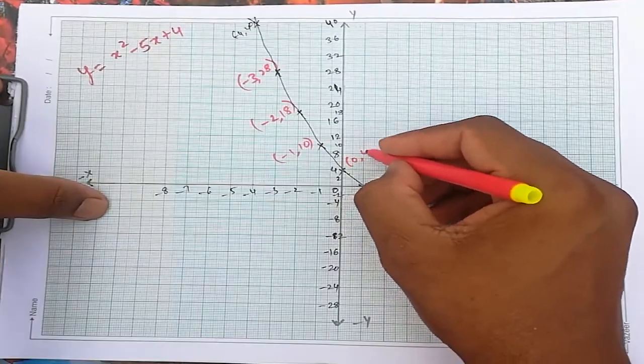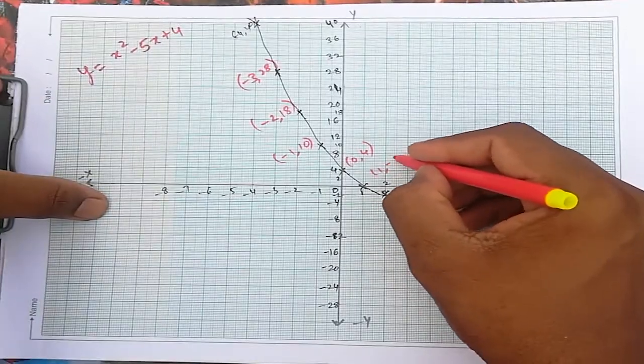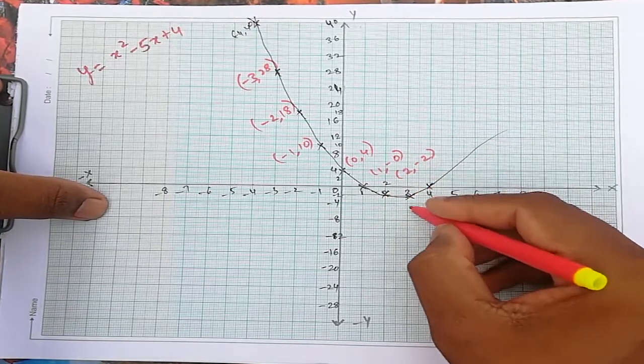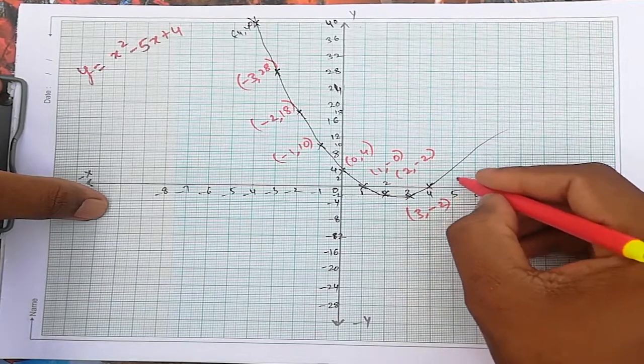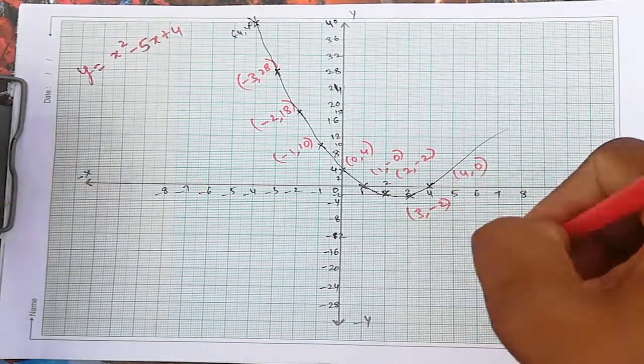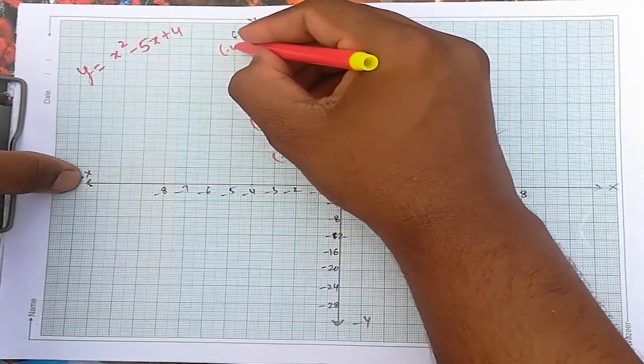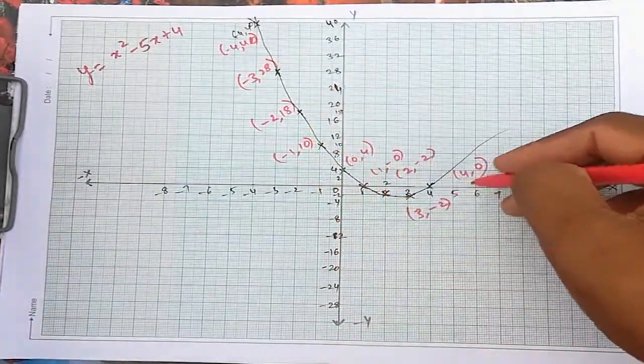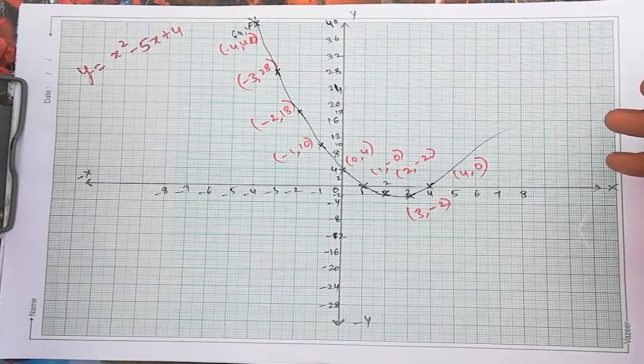This is 0, 4. This is 1, 0. This is 2, minus 2. This is 3, minus 2, and this is 4, 0. So these are the points. We have marked them and we got a U shape. So this is a quadratic polynomial.